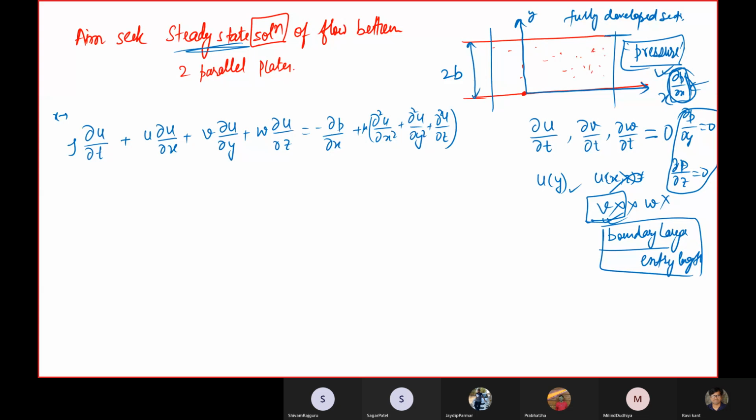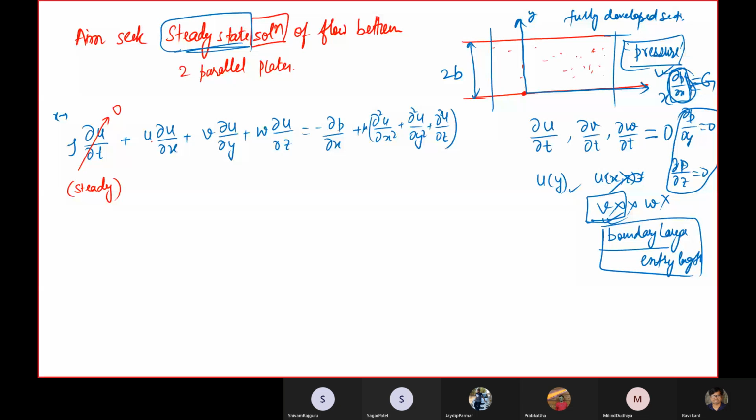Since this is a steady state problem, dou u by dou t will go away. Let me write it, so you have to write assumptions in this manner. Since this is steady, that is why this term goes away. Okay, so what about u dou u by dou x? u velocity will be there, but the gradient of u velocity with x will not be there.